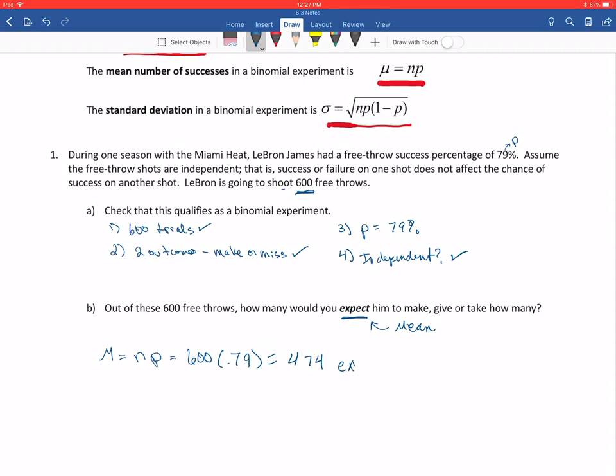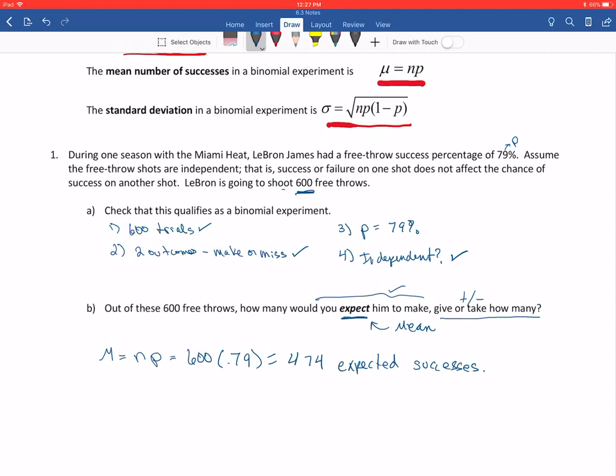So when we calculate that out, that comes out to 474 expected successes or made shots. So that answers this part of it. How many do you expect him to make? We figured that out.